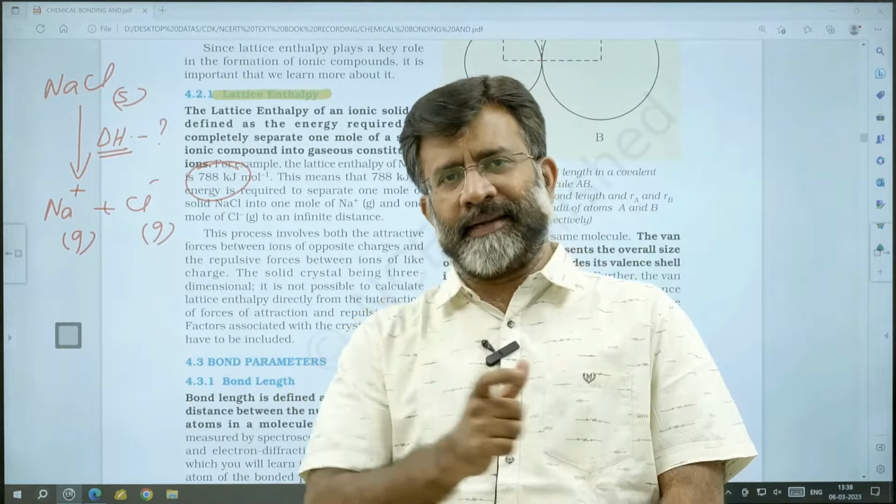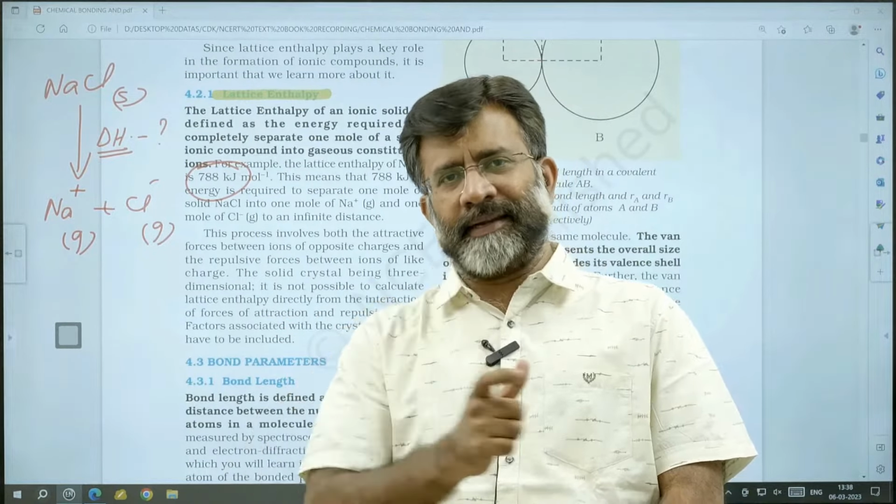Meanwhile, the distance from one nucleus to the nucleus of a non-bonded neighbouring atom, and half of that, is called the van der Waals radius. The van der Waals radius is always considerably greater than the covalent radius. Covalent radius is in the range of 100 picometer, while van der Waals radius is in the range of 180 picometer, almost double.